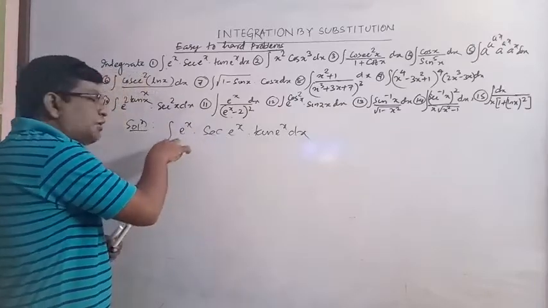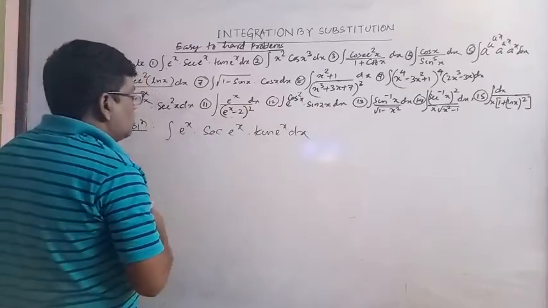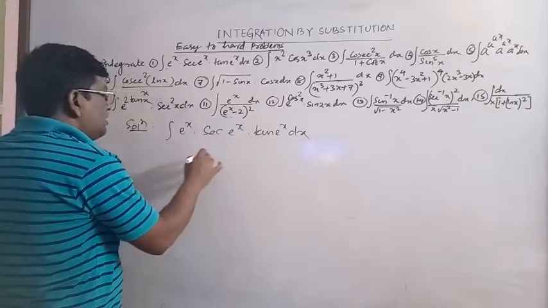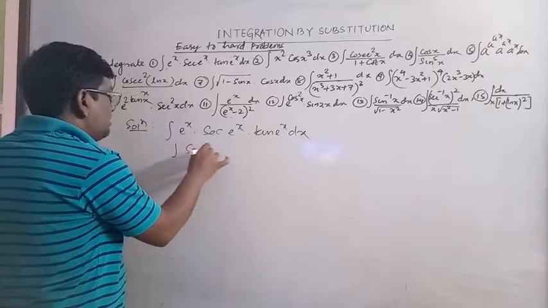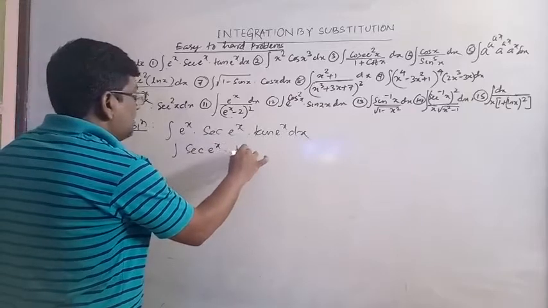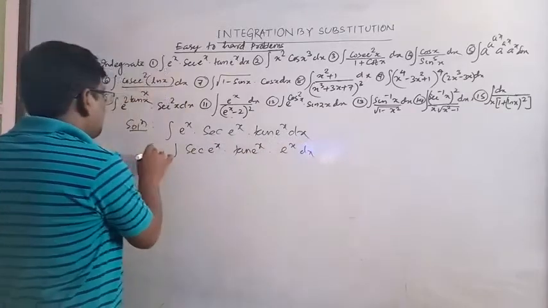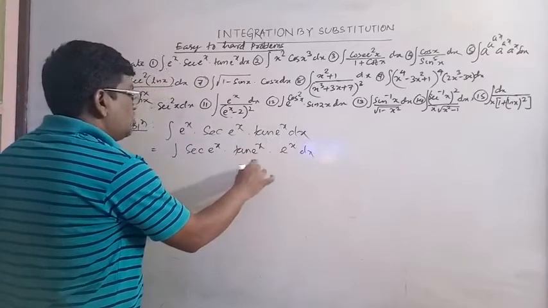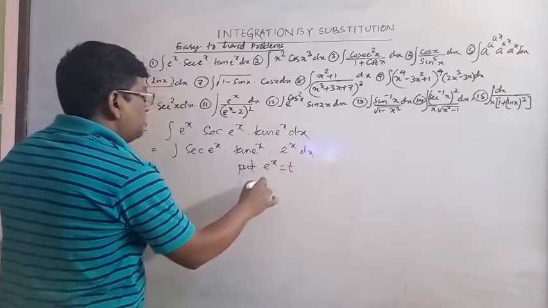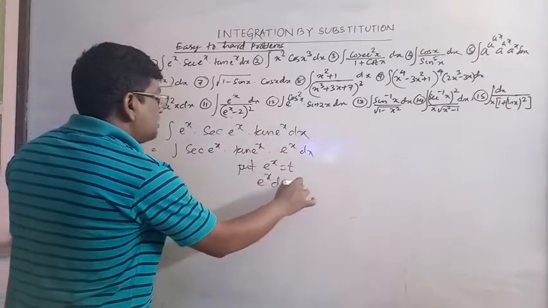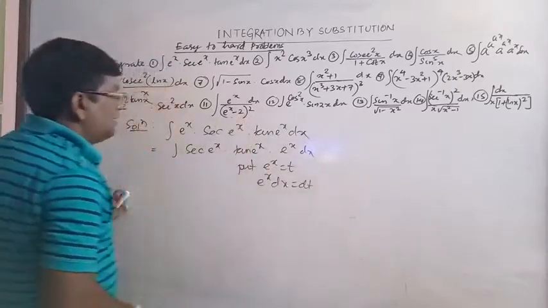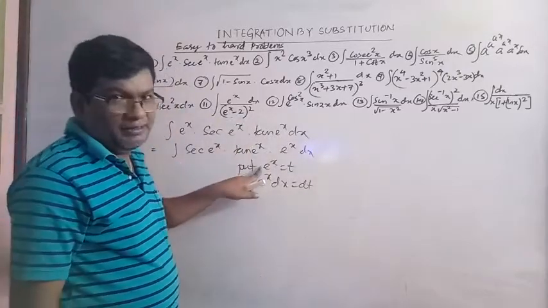So the integral is sec e to the x tan e to the x times e to the x dx. Put e to the x equal to t; then e to the x dx equals dt.